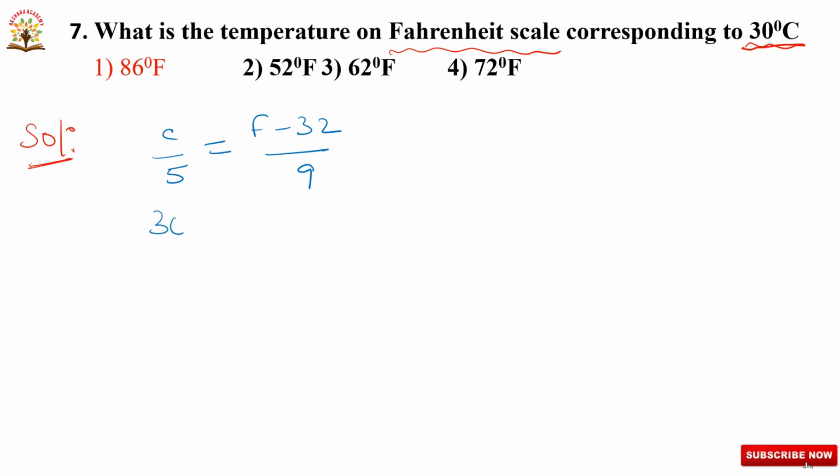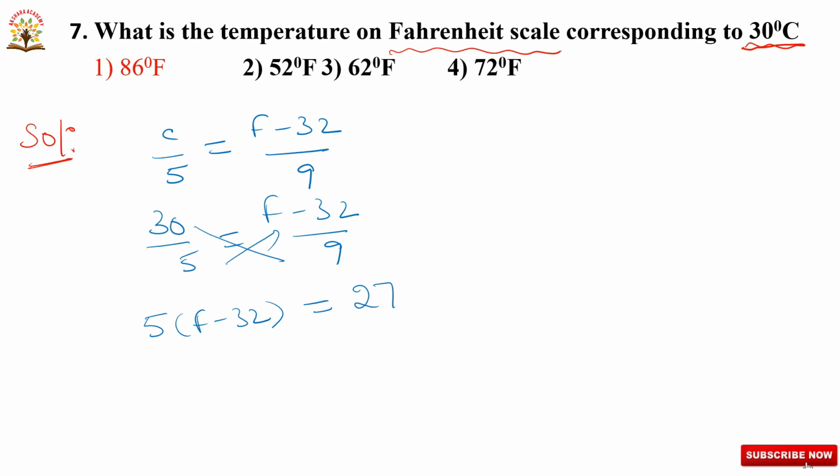So substituting, 30 by 5 is equal to (F minus 32) by 9. Now taking cross multiplication, 30 into 9 is 270, so 5 into (F minus 32) is equal to 270. So 5F minus 32 into 5, 160, is equal to 270.